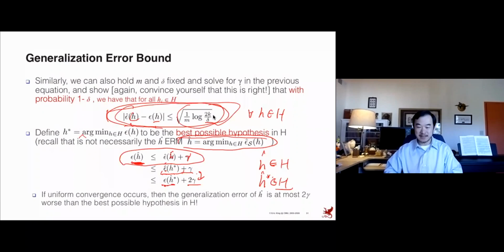It's not too far away from the best you can achieve, even though it is not necessarily achievable, but you can get very close to it. And then the gap, which is 2 lambda, is basically this one, which is under control because you can add more samples, for example.